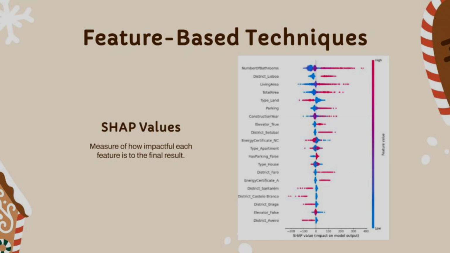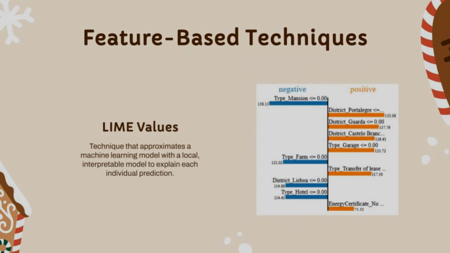Then going over local explanations, we can't visualize all the testing we've done because Lime only works for a single sample instance and it's a local explanation.